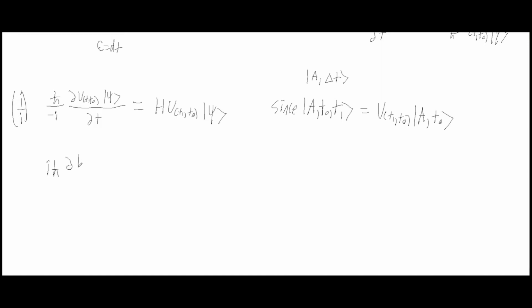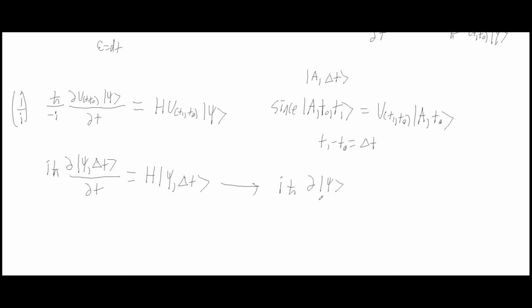our delta, and we can put it here as the delta T over dt, and that is equal to H, and then this with delta T, saying that the T1 minus T naught is equal to our delta T. And so we're already saying that this is changing over time, so we can just express this even more simply as i h bar d/dt, and I'll keep it in the ket vector.